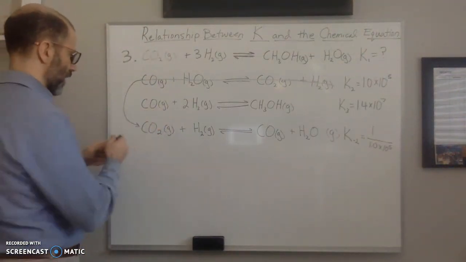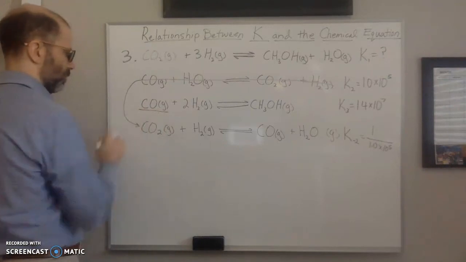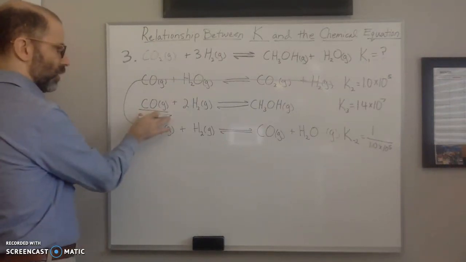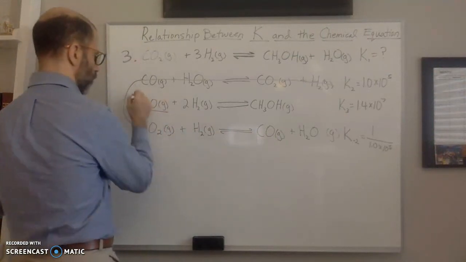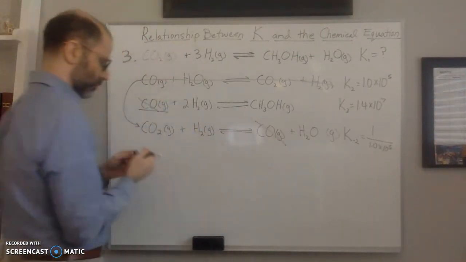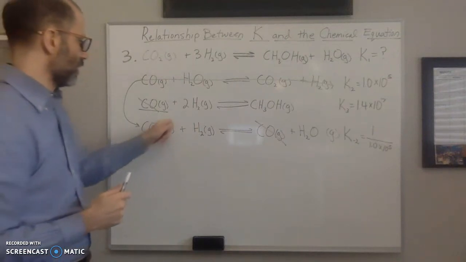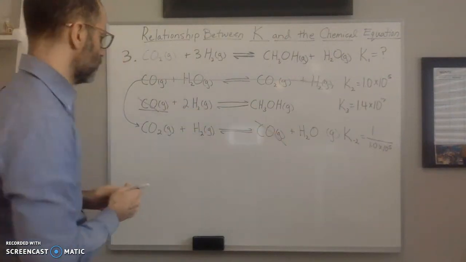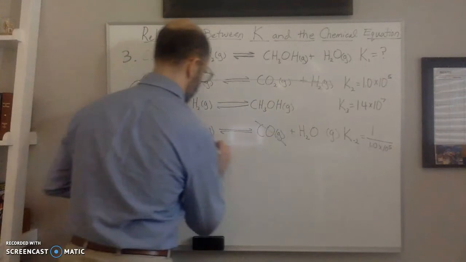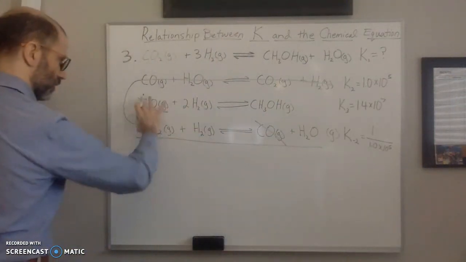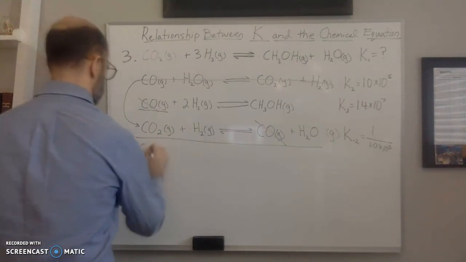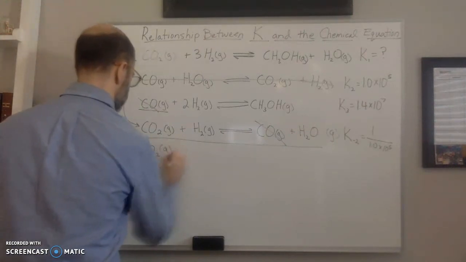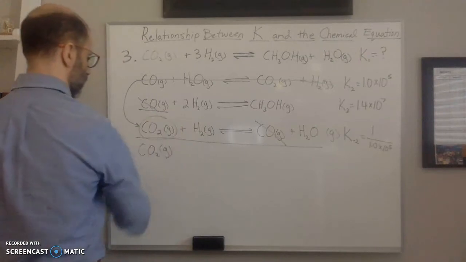So here I notice I have my carbon monoxide gas here, but I also have carbon monoxide gas here, and it's 1 each. So I can cancel that out, and there's nothing else to cancel out. So if I add these two together, I'll get my CO2 gas there.